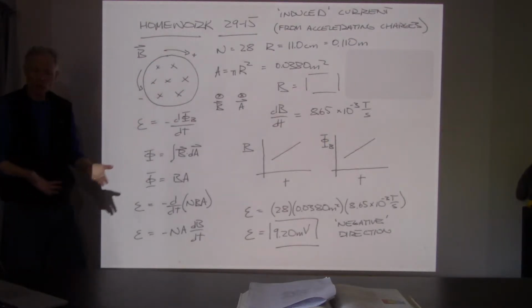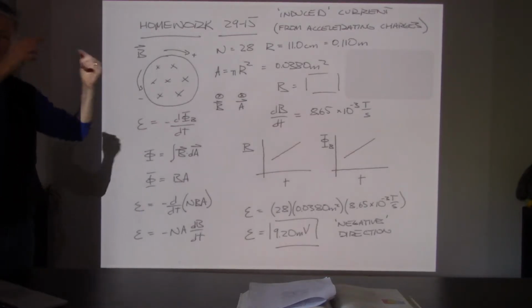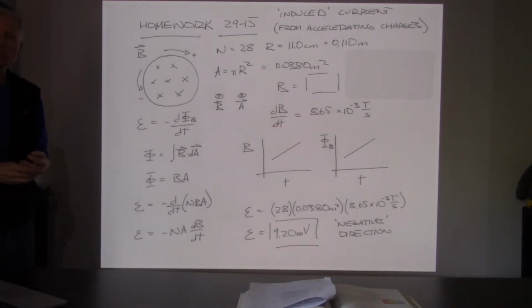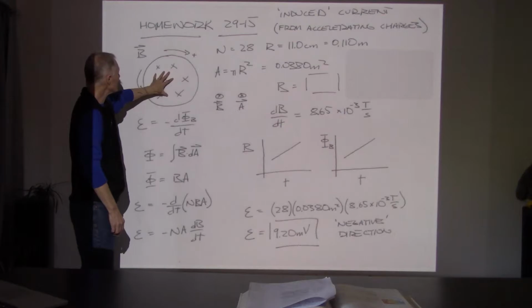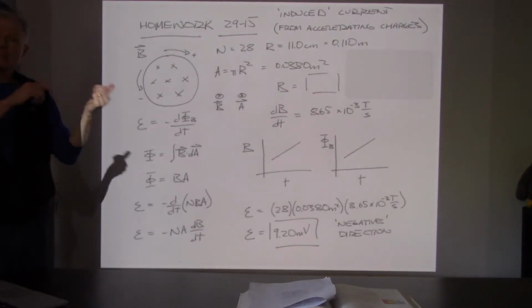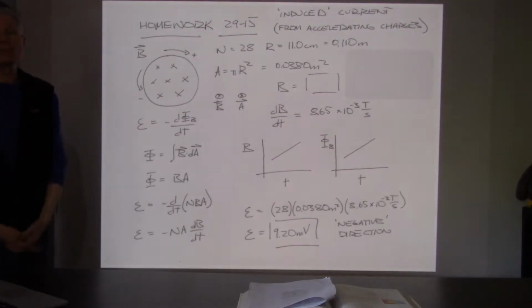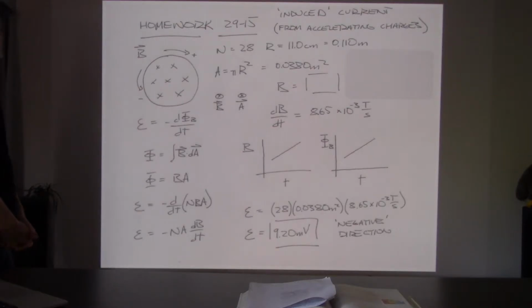As those charges accelerate, they will generate an electric field that goes in the opposite direction. We talked about this in lecture, and that's what's happening here: this magnetic field indicates that there are charges somewhere that are accelerating. And in this case, it's the E fields being generated by those accelerating charges that are creating the EMF. I guess we've said it all, right?